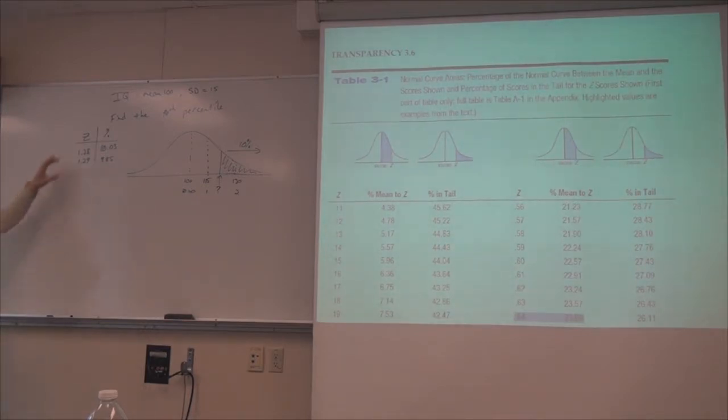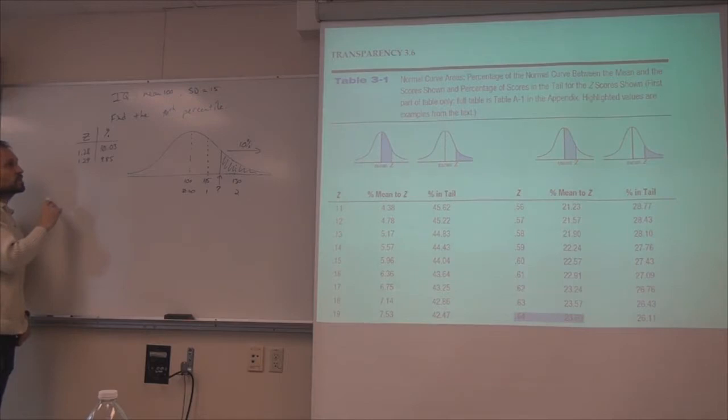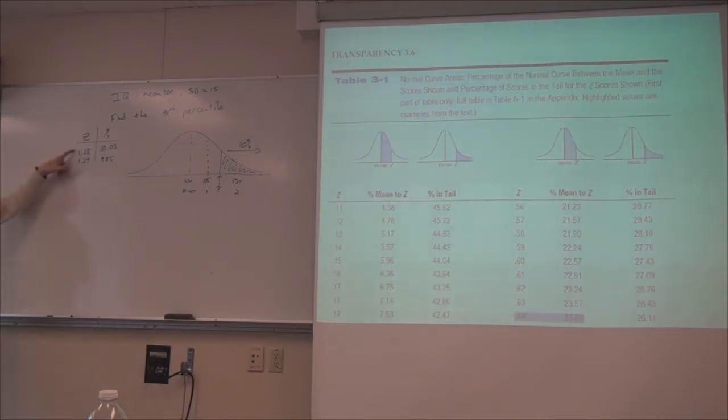Because the actual way to find the Z value in between, I don't want us to do because it'll just confuse us. I'll leave it up to you. Either pick the closest one or pick the middle value. In this case, the 10.03 is obviously the closer one. So I would just pick 1.28. The previous example had it pretty much in the middle.